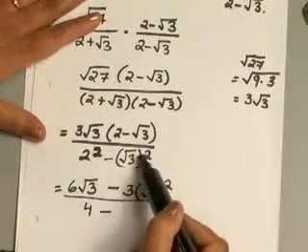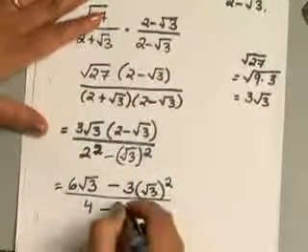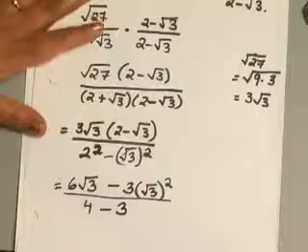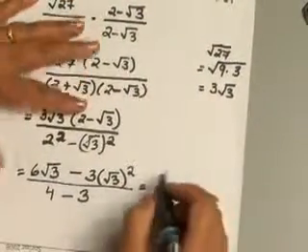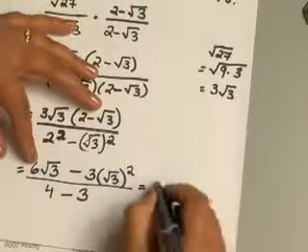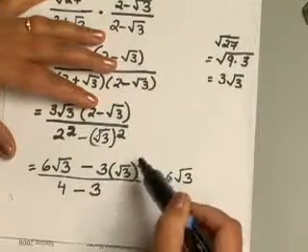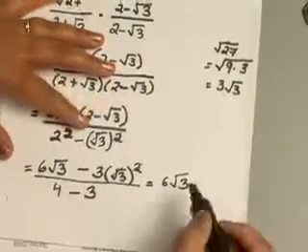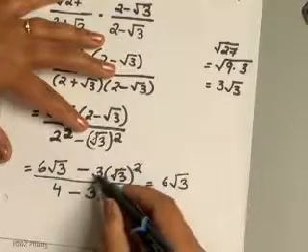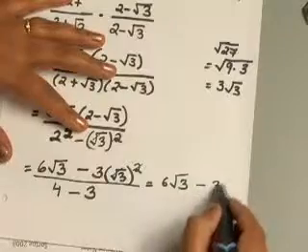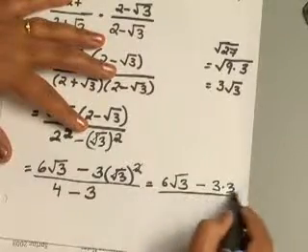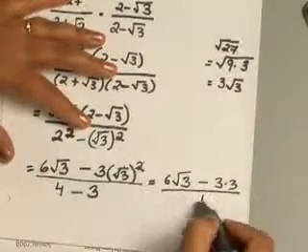And as you can see, the square will cancel out the square root, and you're left with 3 for the other side. Alright, let's simplify the numerator now. 6 square root of 3, this square will cancel out this square root, and you're left with 3 times 3. And then your denominator, of course, will be a 1.